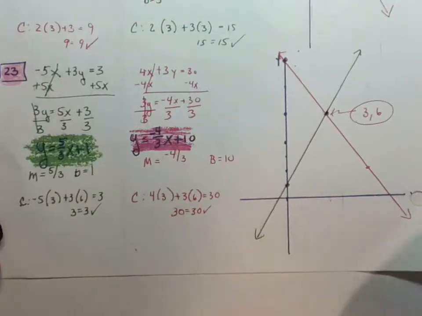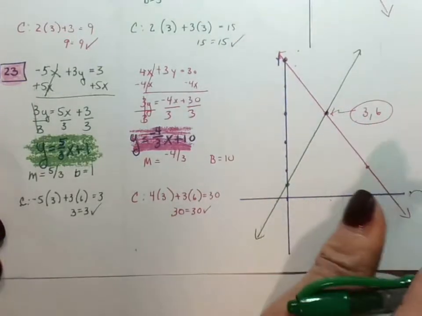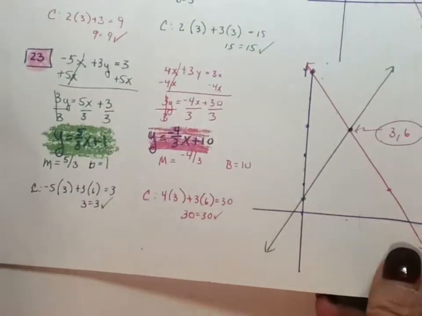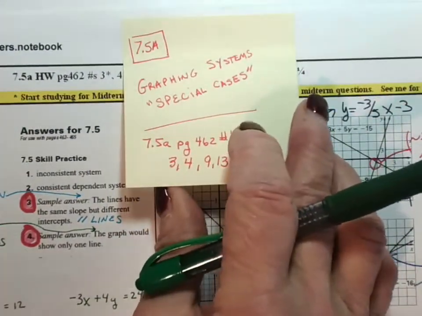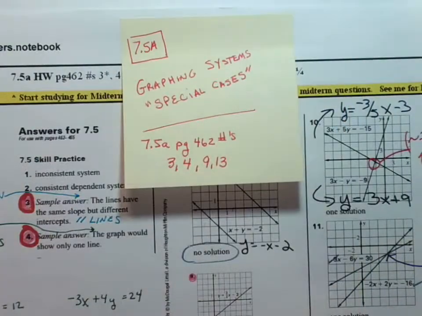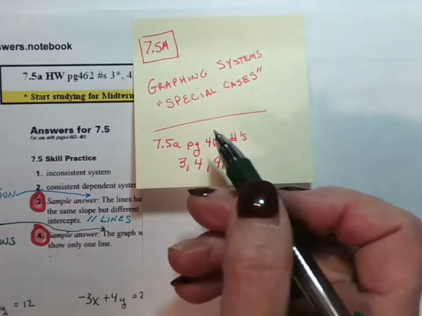So that is traditional systems that have one solution. Now, the next section that I had you do some homework problems was with regard to special cases. Okay.